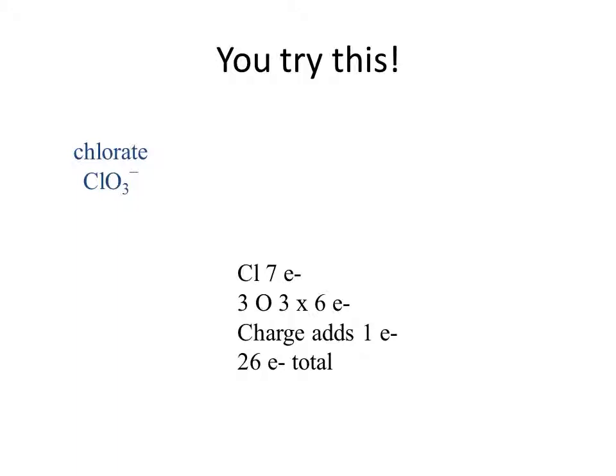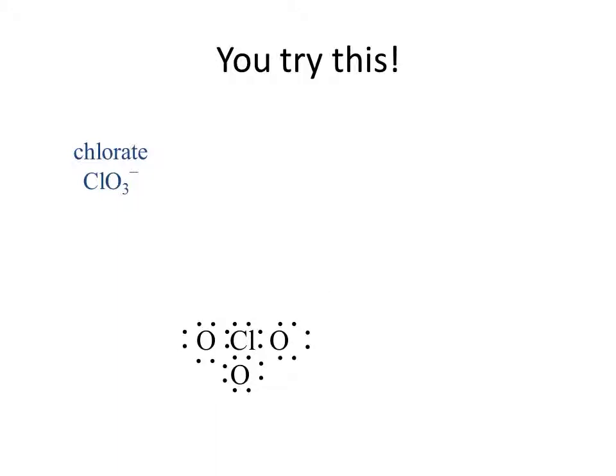Notice it's even. Lewis dot structures that we will be doing will always have an even number of electrons because electrons will be in pairs. So we go ahead and we place the bonding electrons in, and then we add the non-bonding electrons until we have used up all electrons, but we have not used any extra electrons.